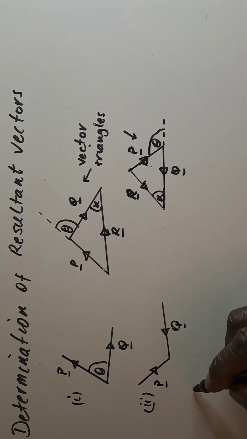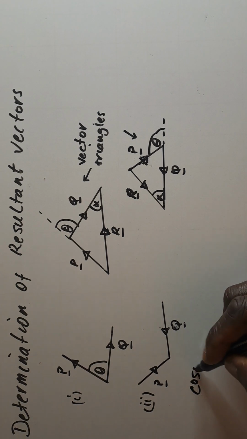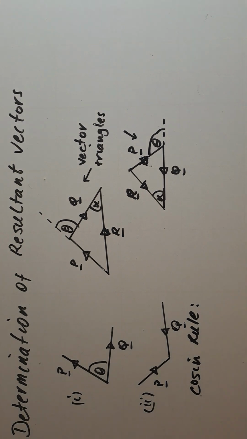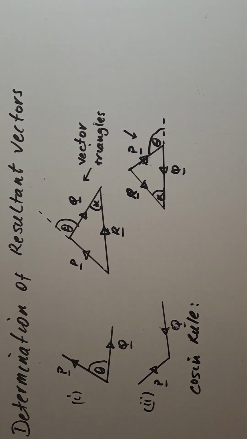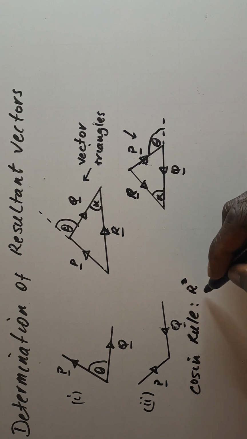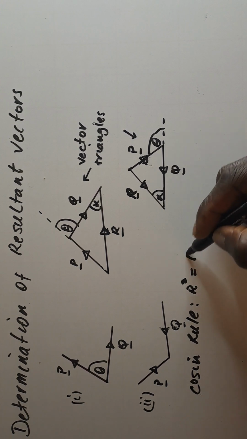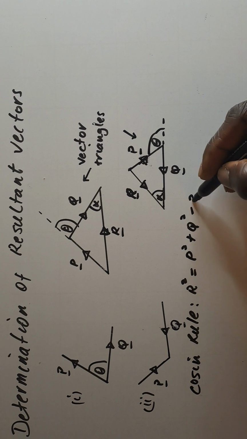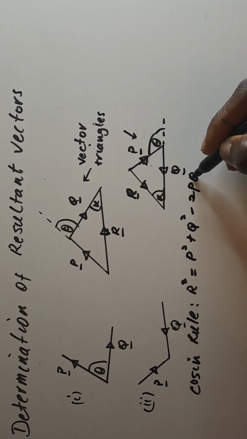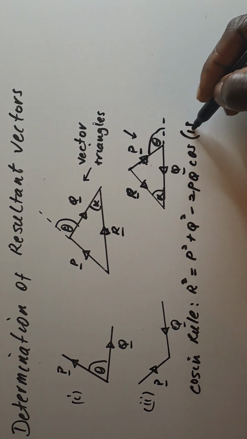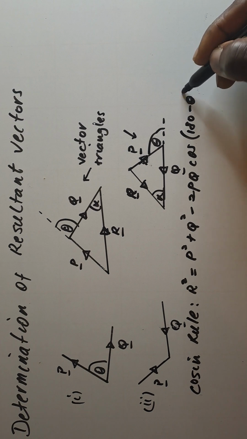Now, using the cosine rule, and if you are not too familiar with that, look at my previous videos, where I've covered the cosine and also the sine rule. Now we have that R squared, the resultant, is equal to P squared plus Q squared minus 2PQ cosine of 180 minus theta.